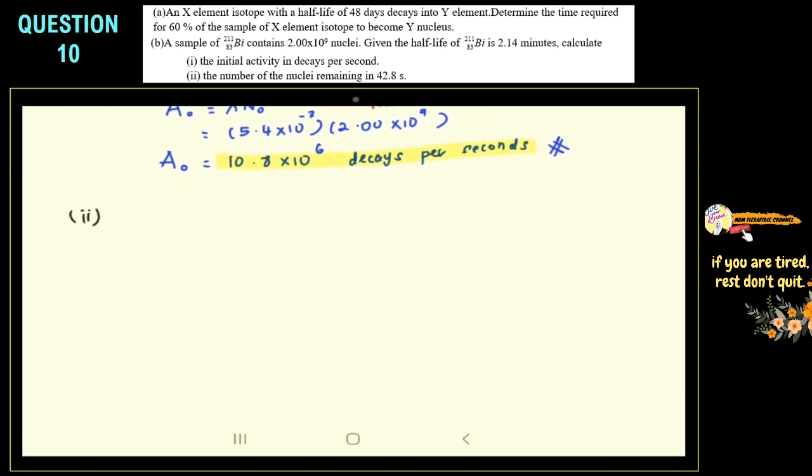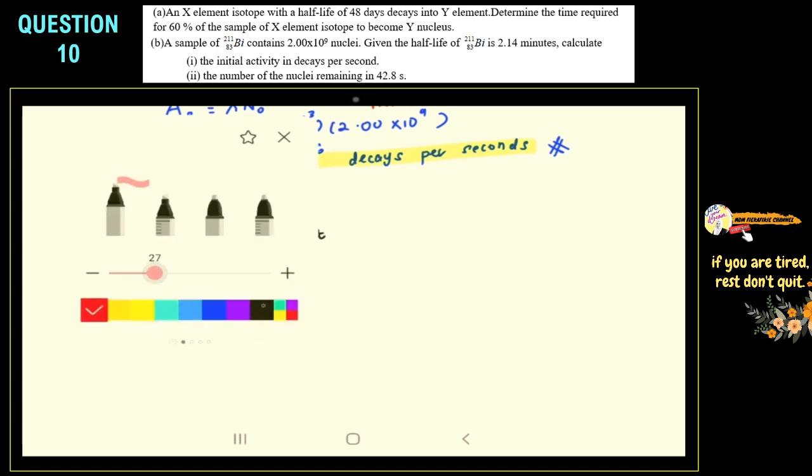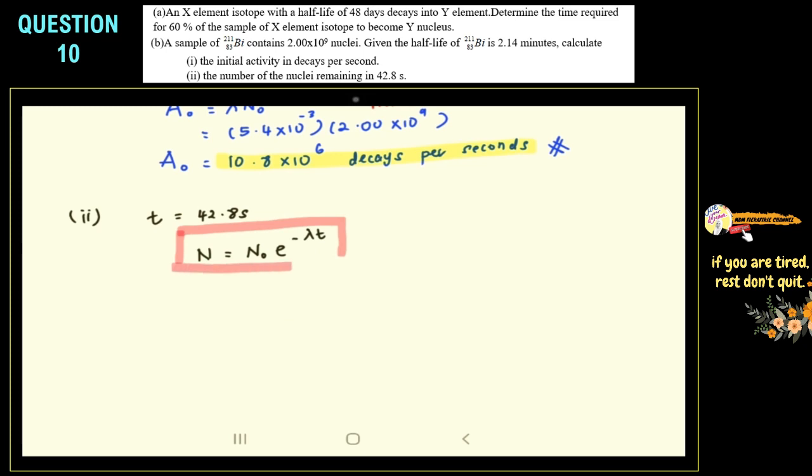And the last one is the number of nuclei remaining in 42.8 seconds. So given that T is 42.8 seconds, we want to know the final number of nuclei left, ataupun remaining number of nuclei. We use the general equation N equal to N naught, the initial number of nuclei, times e negative lambda T. So let's substitute the value.